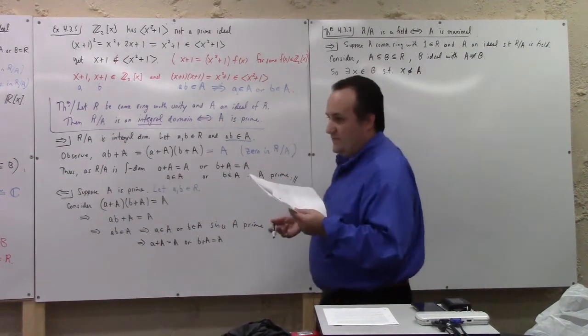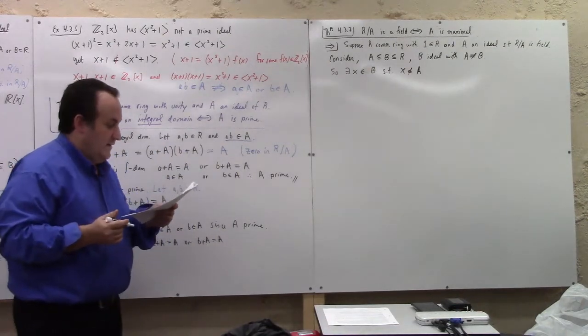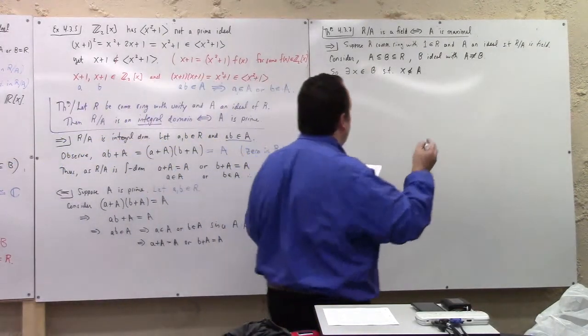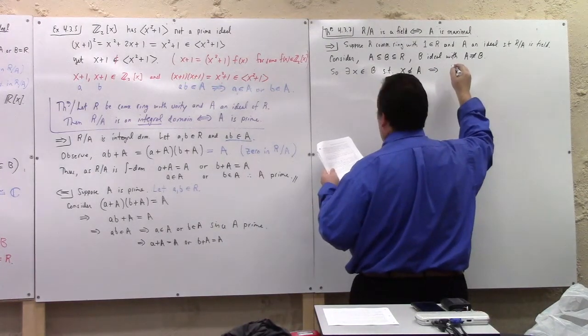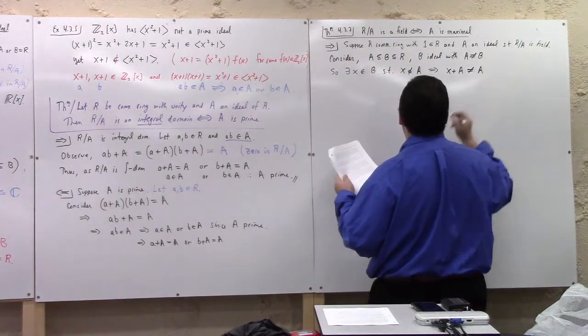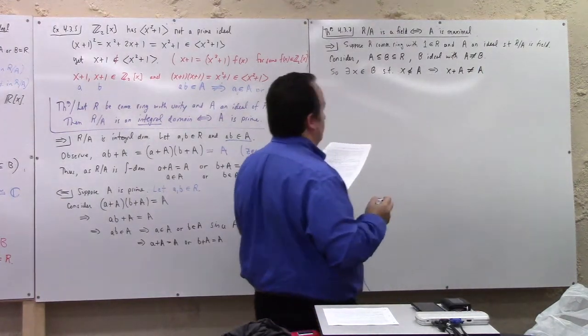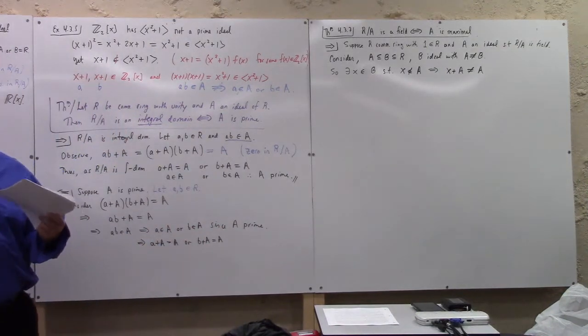If they're not equal, there must be some point they differ on, right? And so that means that x plus A is not equal to A, right? So in other words, x plus A is a non-zero element in the field R mod A.